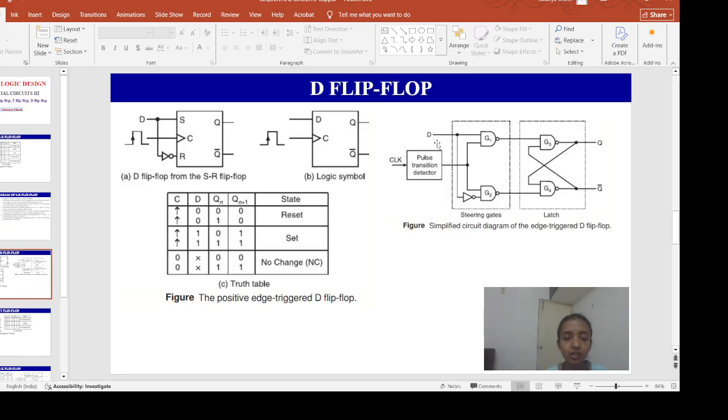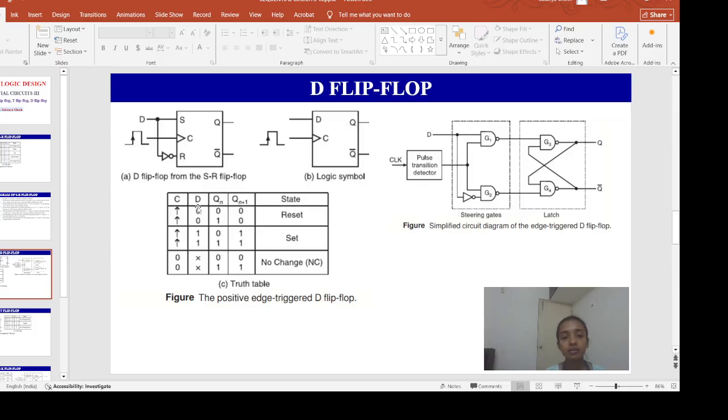Now, if we see the D flip-flop truth table, what happens over here? This is the truth table of the D flip-flop, right? When the clock signal is high and the D input is 0, the present state is 0, next state will also be 0.